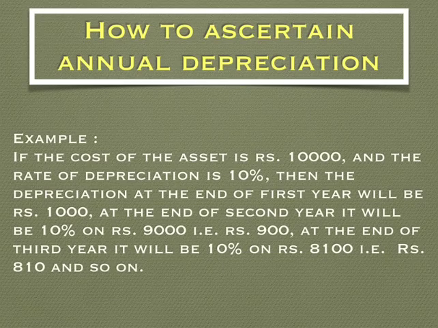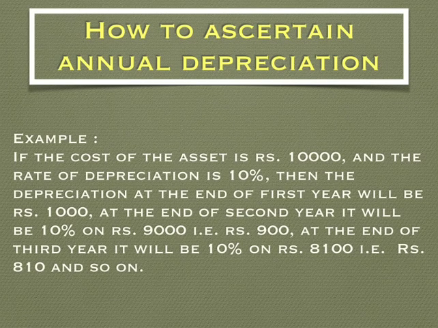At the end of the third year, it will be 10% on rupees 8,100. For the second year, the amount of asset was rupees 9,000 and second year's depreciation was rupees 900. So the difference is rupees 8,100. This is the diminishing value of our asset. Now we will provide depreciation on this diminishing value, that is on 8,100.